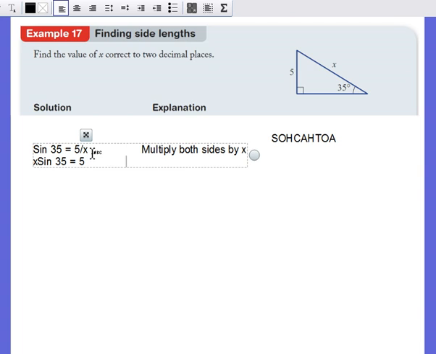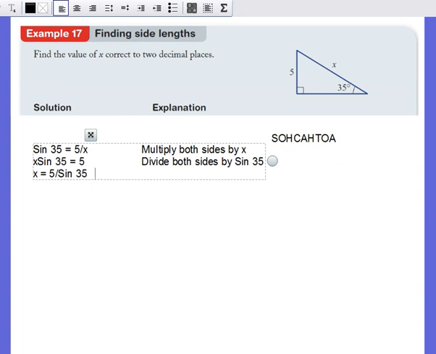I still need to get rid of that sine 35 next to the x there. So I'm going to divide both sides by sine 35. My left hand side just becomes x, and my right hand side becomes 5 over sine 35.